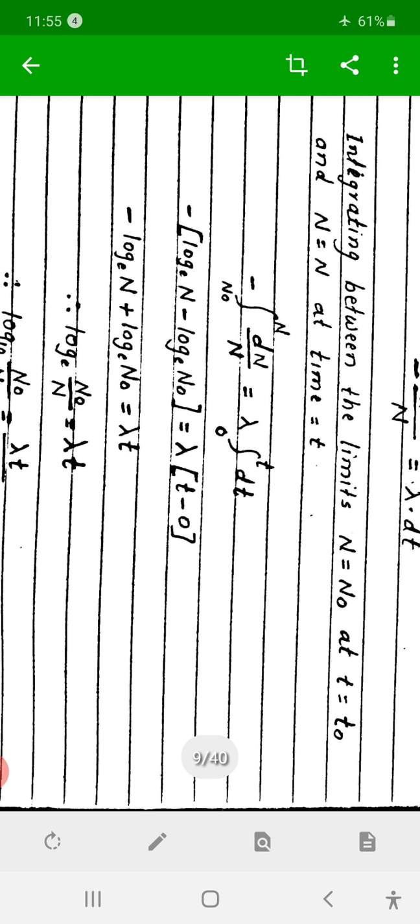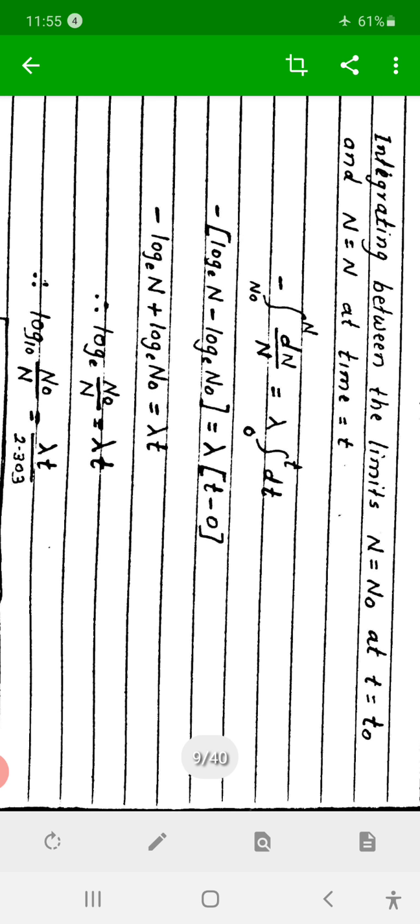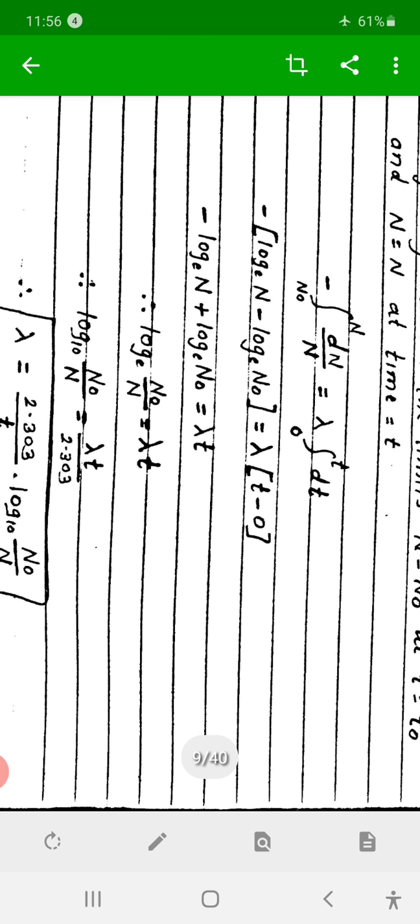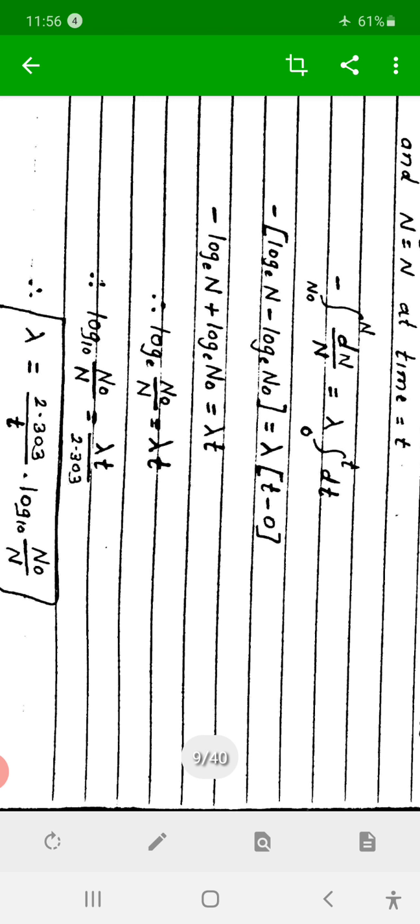Then the above equation becomes minus integration N0 to N dN by N is equal to lambda into integration 0 to t of dt. Then solving this, minus log base e N minus log base e N0 is equal to lambda into t minus t0.